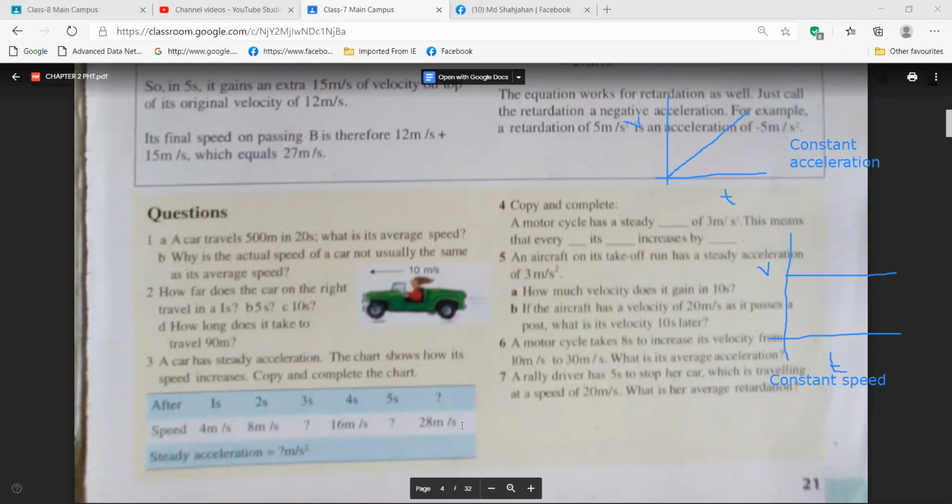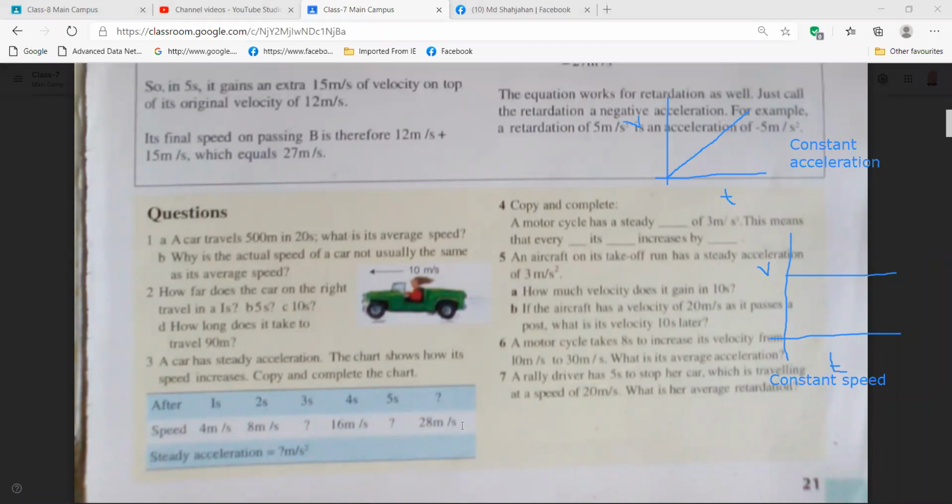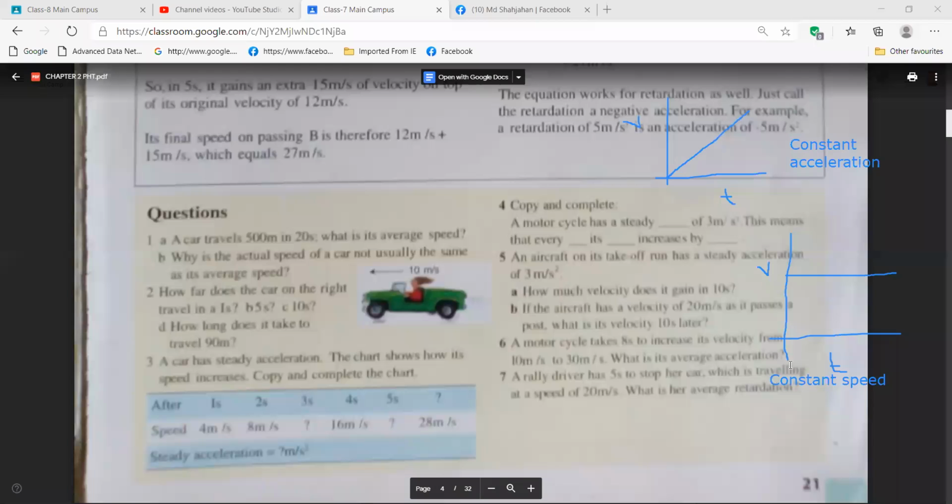Ruhi, Ruhan, Sadika, Saleha, Saraf, Pongti, did you draw it? Yes, sir. I can remove it, right? The drawings? Yes, sir.